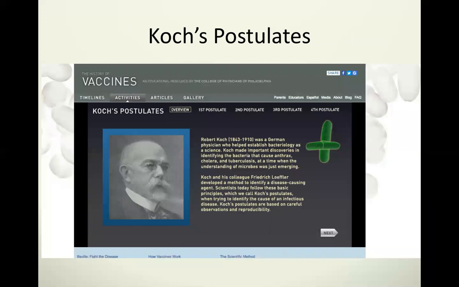So one of the things that happens is that Koch, he was a famous German physician who established bacteriology as a science. He identified the bacteria that caused anthrax, cholera, and tuberculosis. So it's the idea that if you identify a bacteria, can you prove that it actually causes a disease?